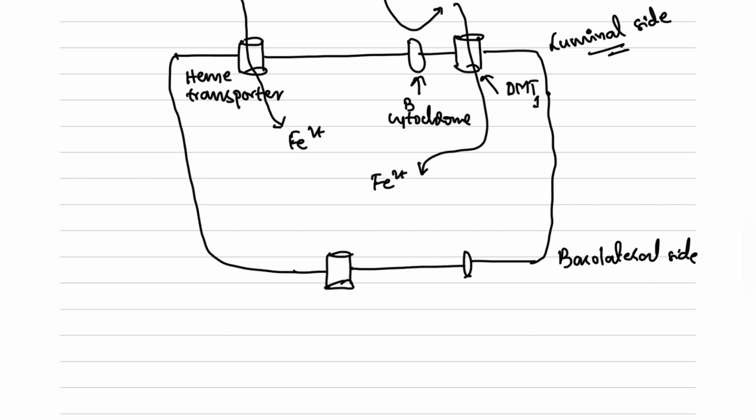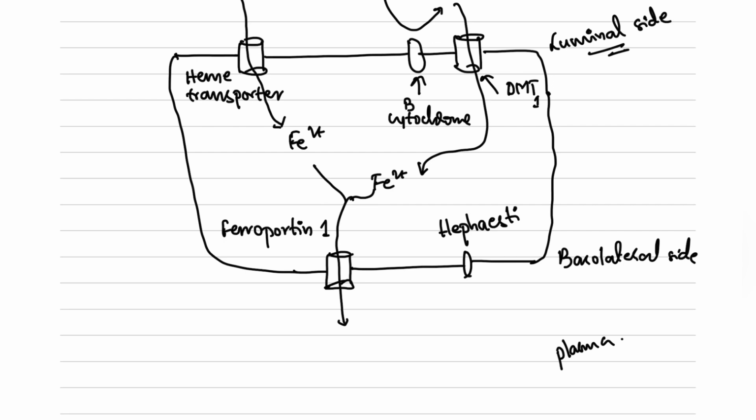Now this Fe2+ has to go through the basolateral side into the plasma. How does it do this? This majorly goes through this transporter. What is this transporter? This transporter is known as ferroportin 1. This is the transporter, and this one is called the hepcidin. It will come out as Fe2+.